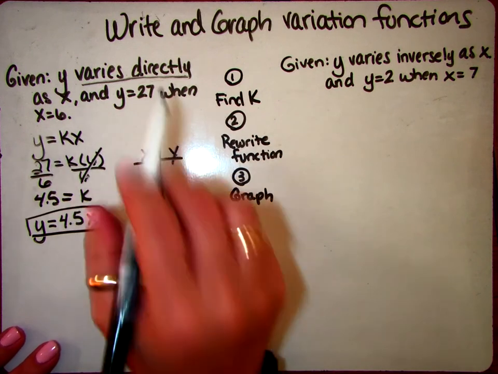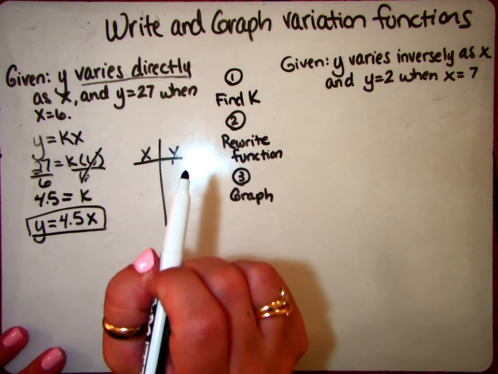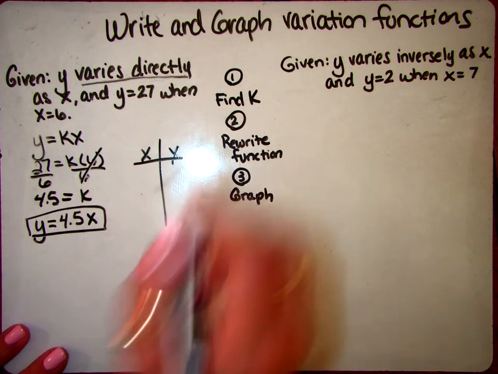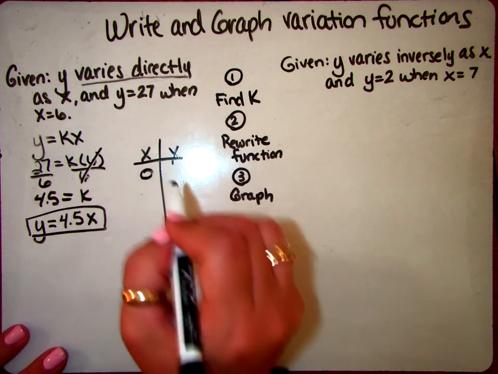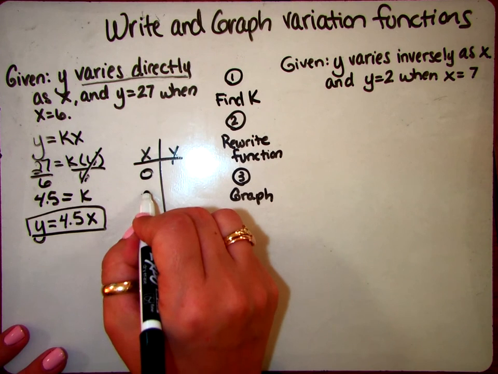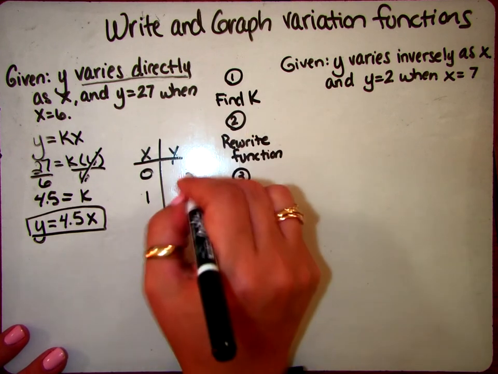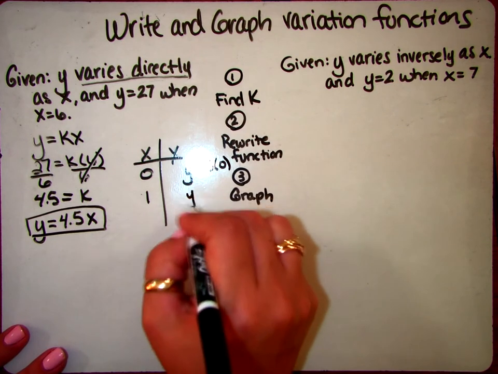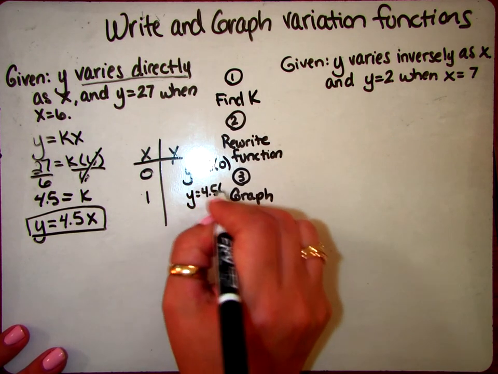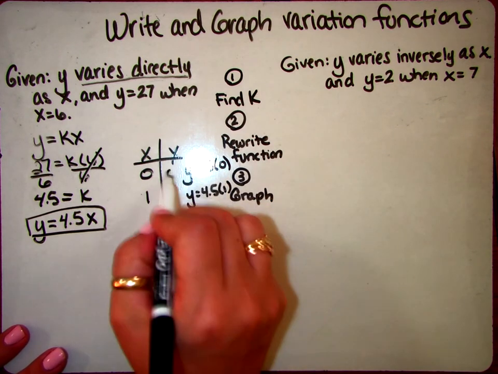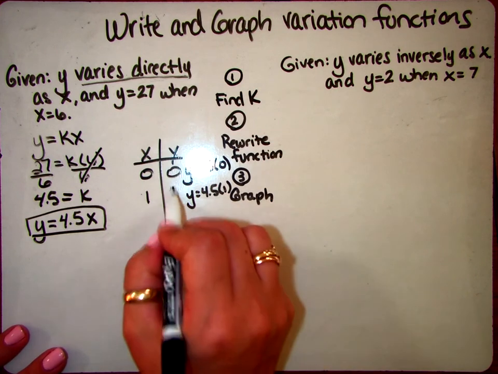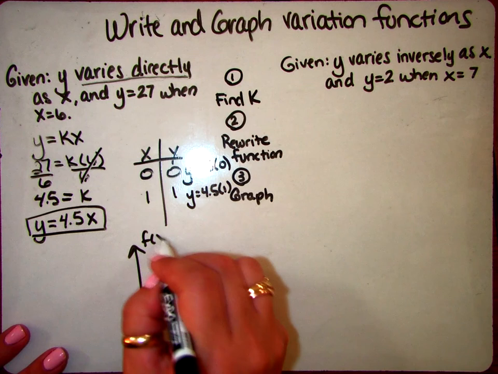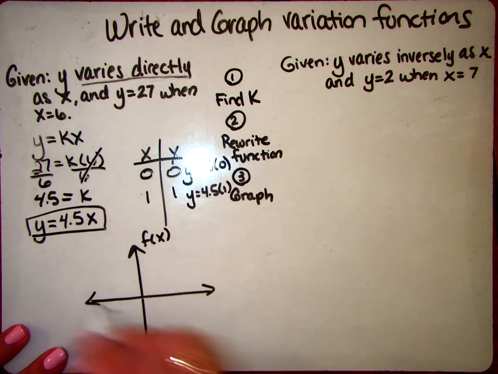So now to graph it, all you have to do is an XY chart. Now with direct variation, these are lines. It's a linear function, so you really only need 2 points. Let's try 0 and 1, plugging that in as your x. 4.5 times 0 is 0. 4.5 times 1 is 4.5.